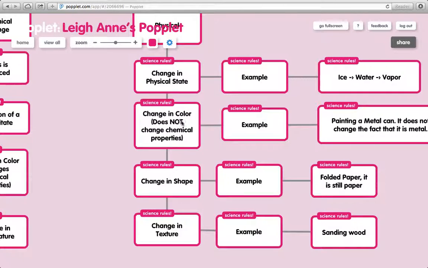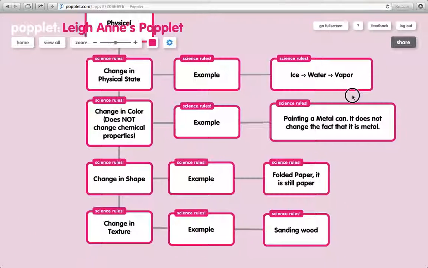Change in color. This does not change the chemical properties. So this would be like painting your nails or painting a picture or something like that. My next physical property is a change in shape, and then my final one is a change in texture. So basically I put examples again, and for my example of change in physical state, I said ice to water to vapor.